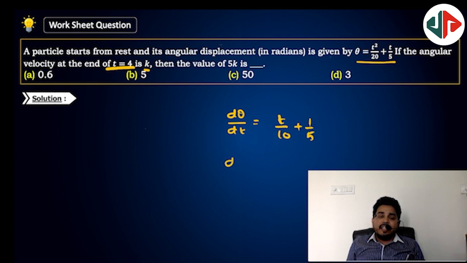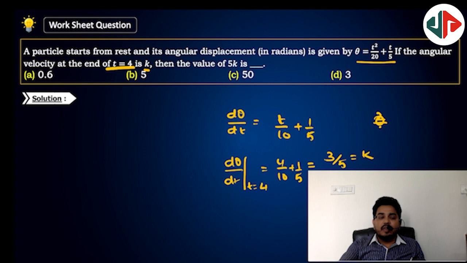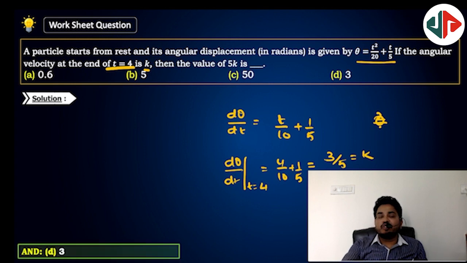So d theta by dt, where t is equal to 4 is given. This is 4 by 10 plus 1 by 5. So what is this value we are going to get? So 2 by 5 plus 1 by 5. So this answer will be 3 by 5 is equal to k. 5k is equal to 3.